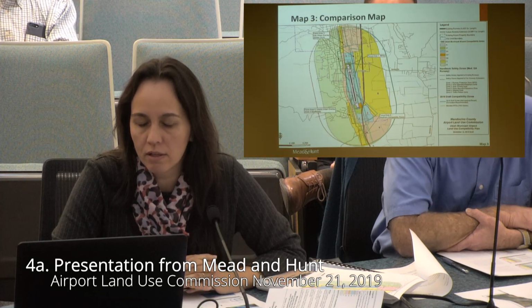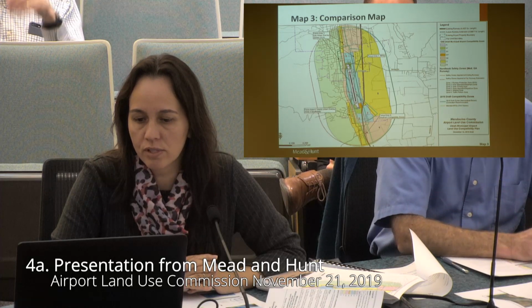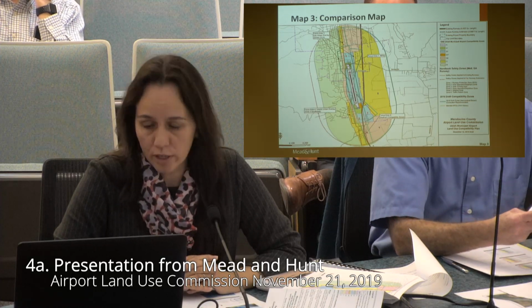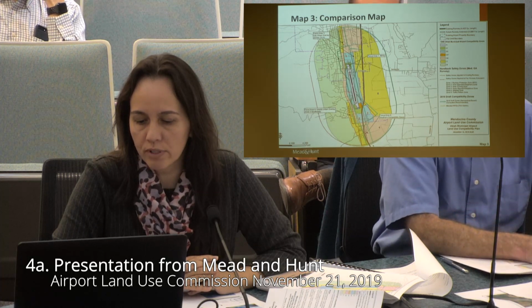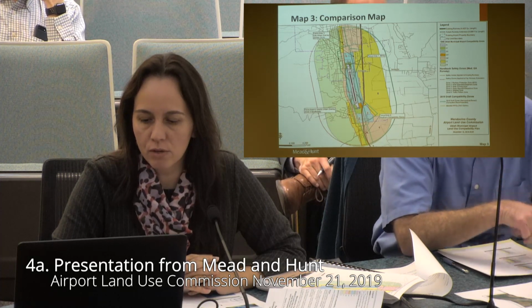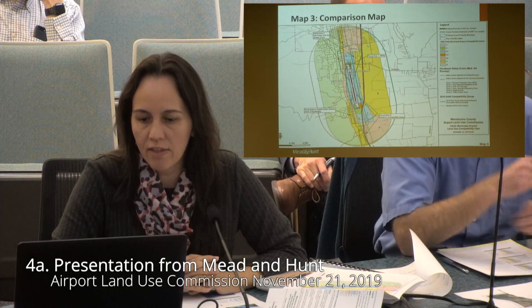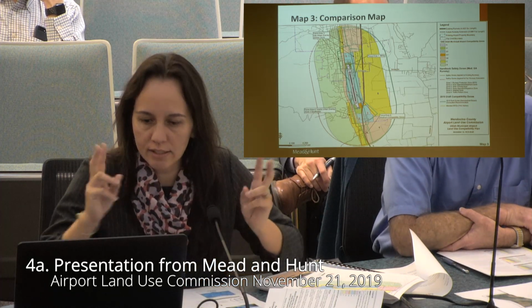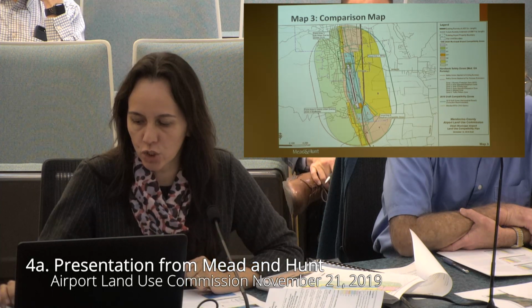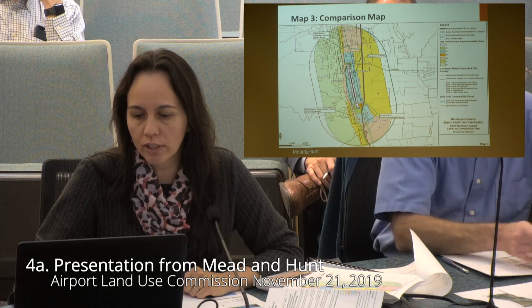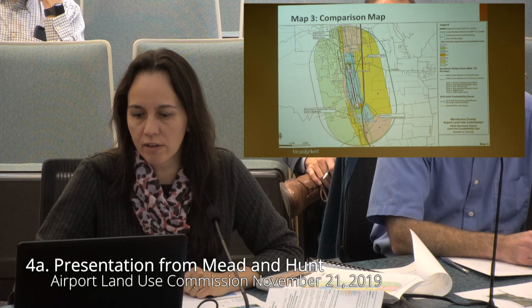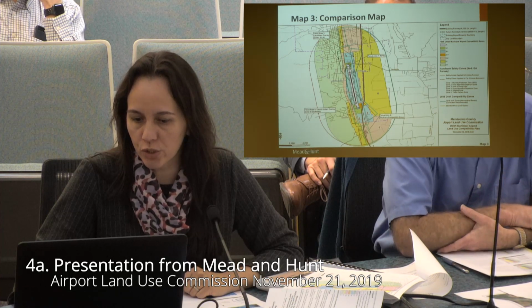This is a comparison map that shows the consultants' recommended zones in blue with the handbook safety zones in red, and that is what we're calling the TAG option or TAG variation. And we've identified the 4 key focus areas. So focus area 1 is regarding the runway protection zones.